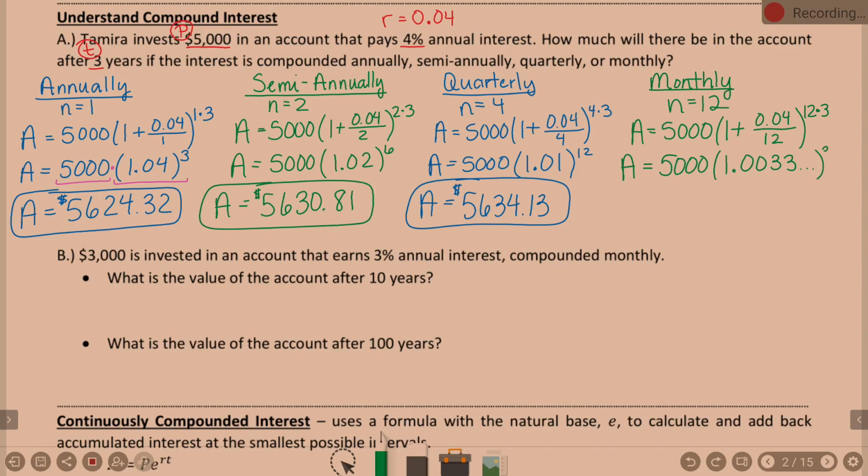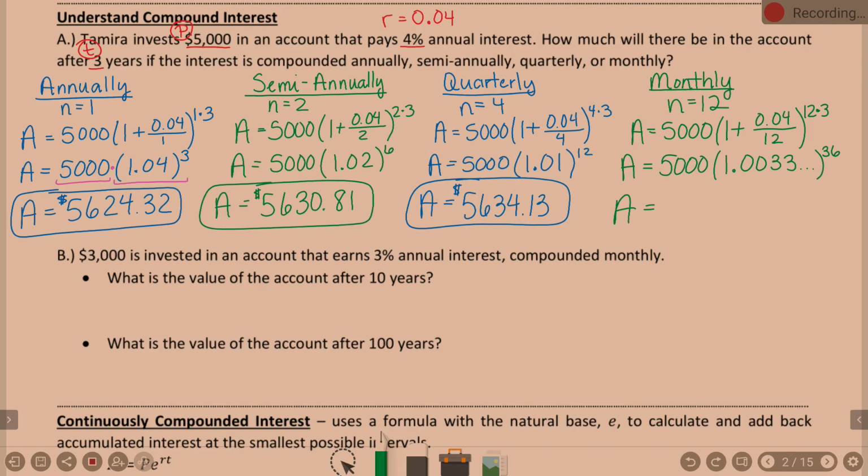Okay, raised to the 36th power. Oh my gosh, that's big numbers. Now, options of how to use the calculator here. One option is if you just did the 0.04 divided by 12 and added 1, you might have that 1.00333333 on your screen.